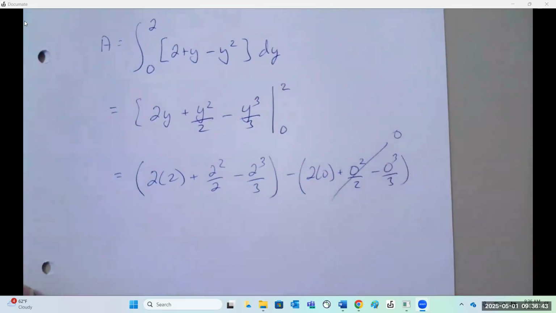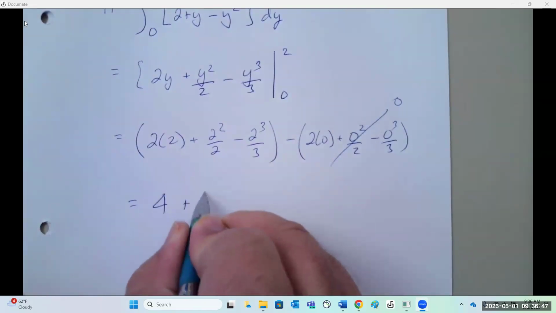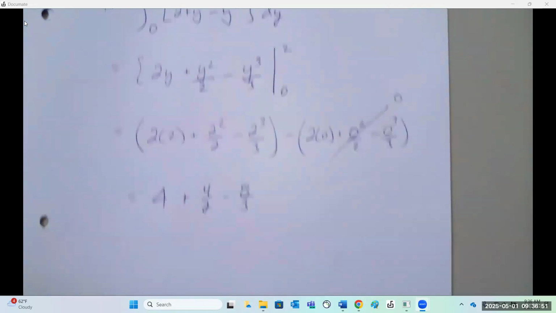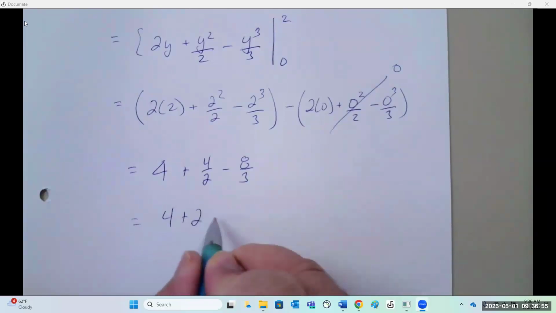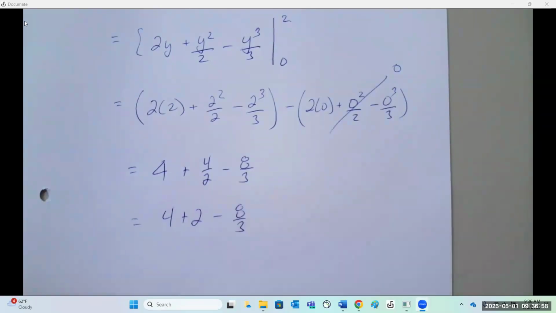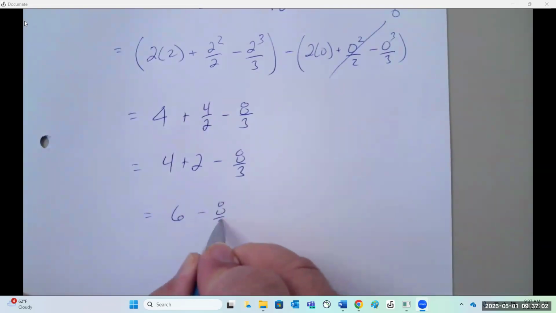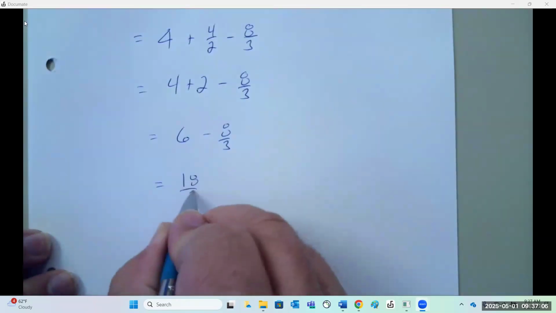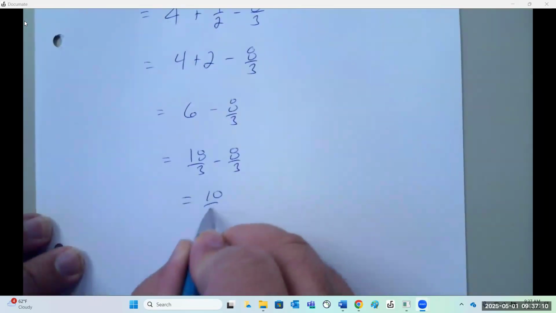All those go to 0. 4 plus 4 over 2 minus 8 over 3. So it's 4 plus 2, 6 minus 8 over 3, which makes it 18 over 3 minus 8 over 3, which is 10 over 3.